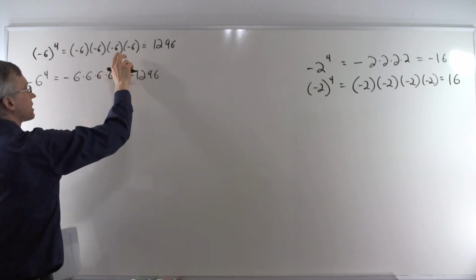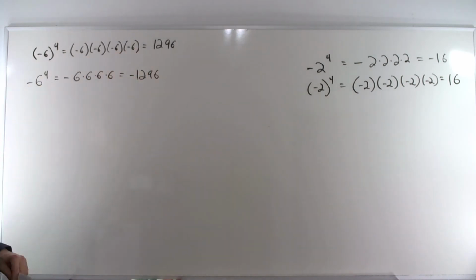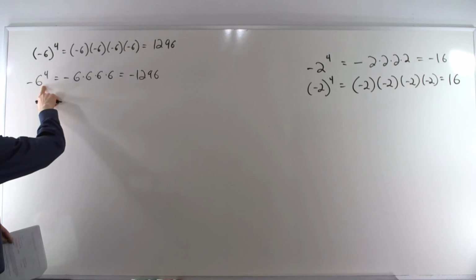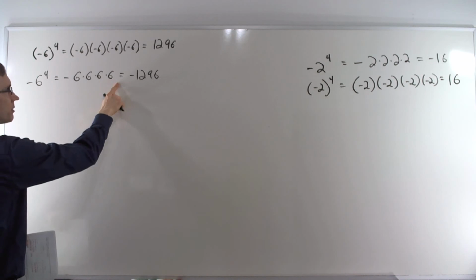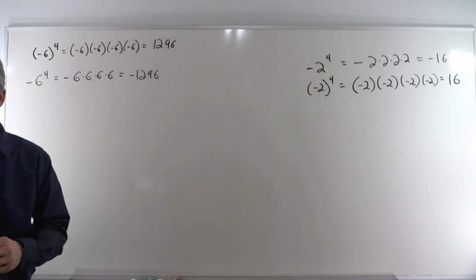All those negatives are going to cancel, and we get positive 1296. But with here, the base is just 6, and we're multiplying by negative 1. So negative 1 times 4 sixes multiplied is negative 1296.